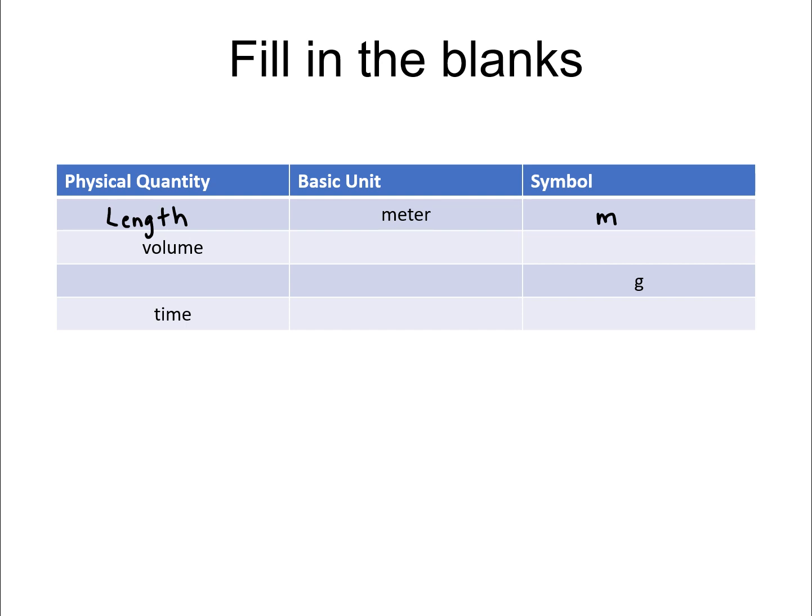For volume, the basic unit is the liter, and its symbol is a capital L. The symbol g is for gram, and that's what's used to measure mass. And finally, time is the second, and its symbol is a lowercase s.